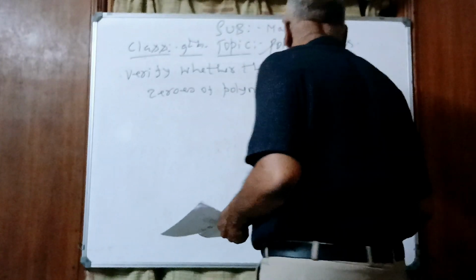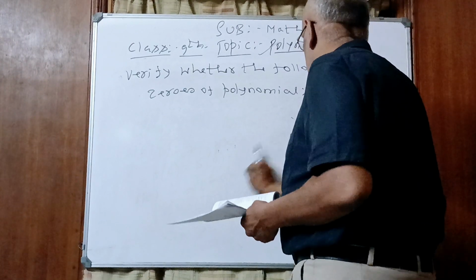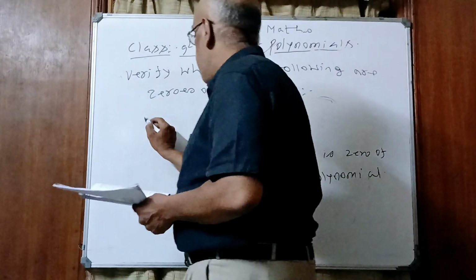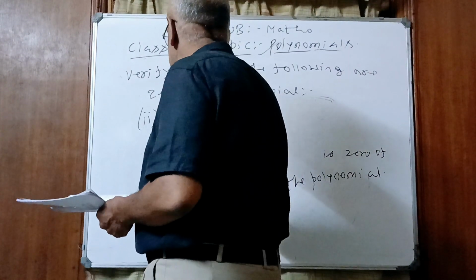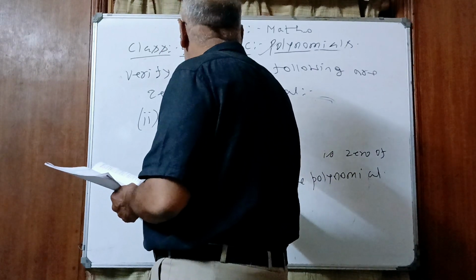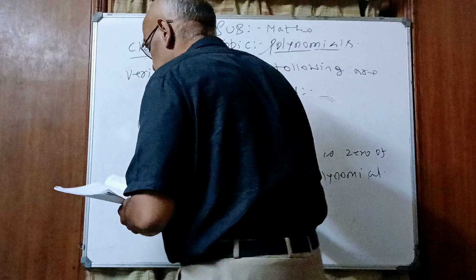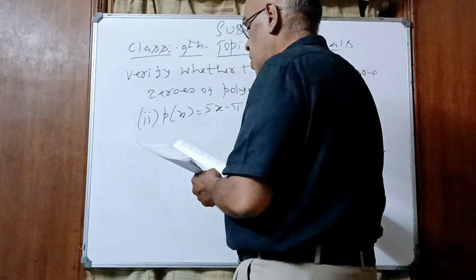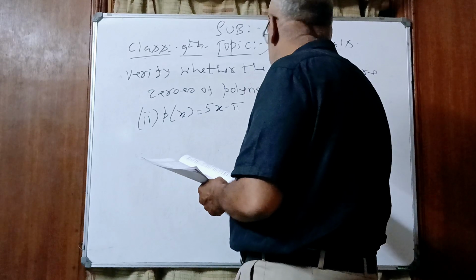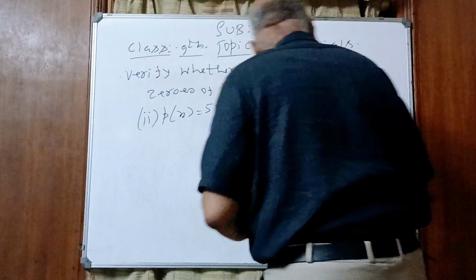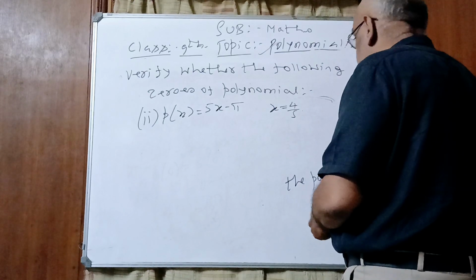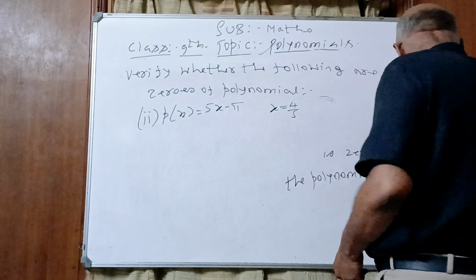What is it? P of x is equal to 5x minus 5 at x is equal to 4 by 5. P of x is 5x minus 5, x value 4 by 5.